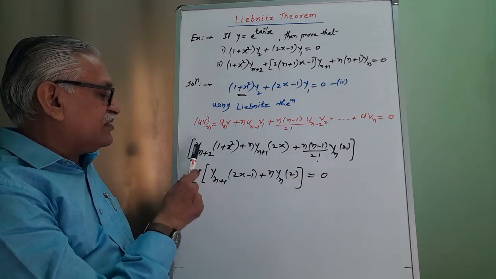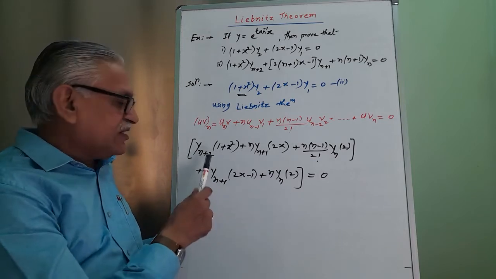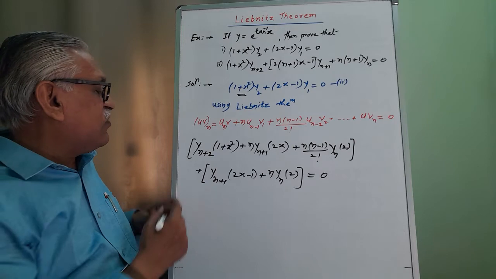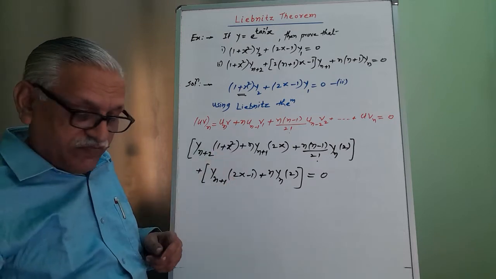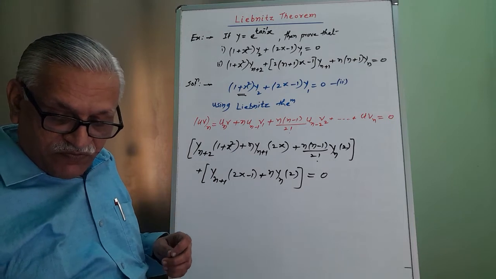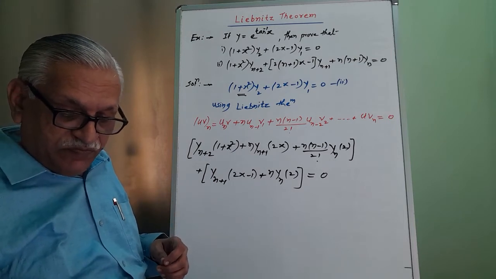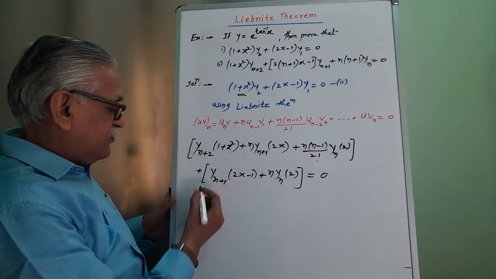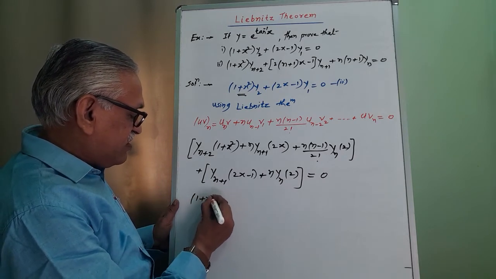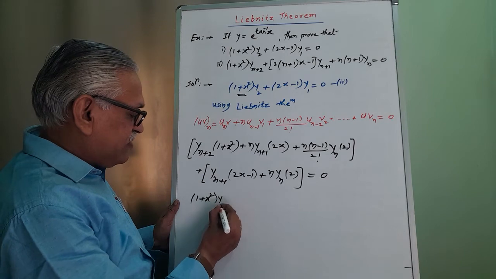Simplifying it by combining the similar terms in one bracket, we have only one term of 1 plus x square into yn plus 2. Therefore, that term I will keep as it is, 1 plus x square into yn plus 2.